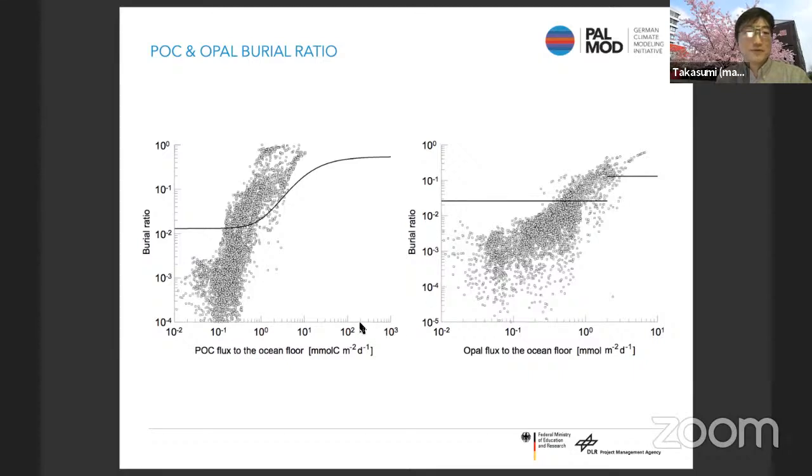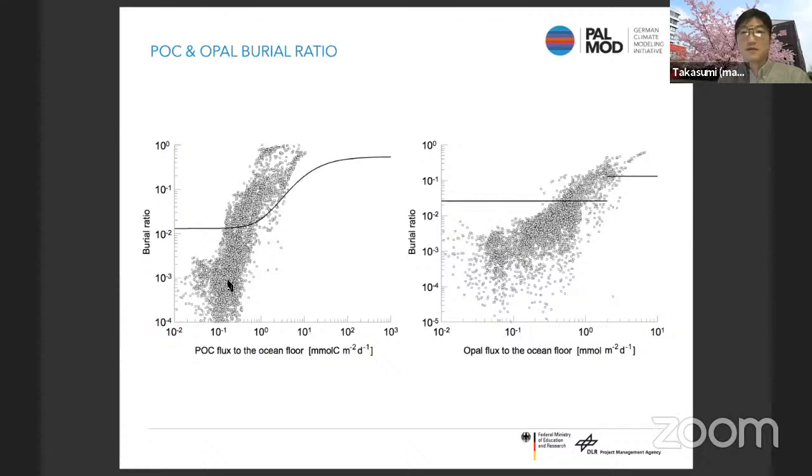I make two plots showing the ratio of burial amount to the particulate flux to the ocean bottom, for organic carbon and for opal. The ratio calculated by Medusa, the sediment model, is shown as these scatter plots for every horizontal grid cell.